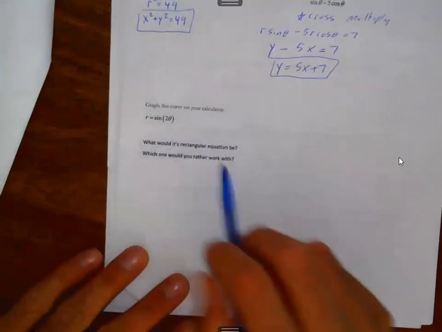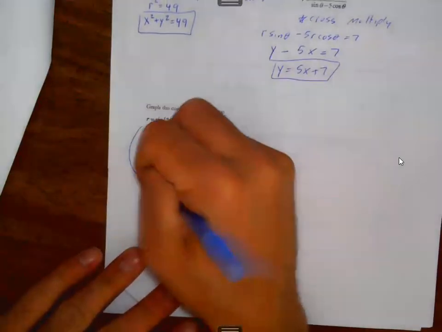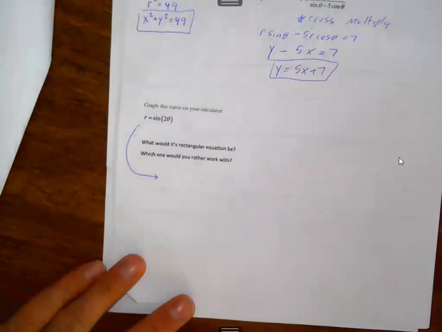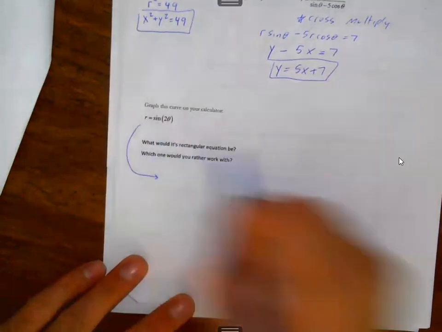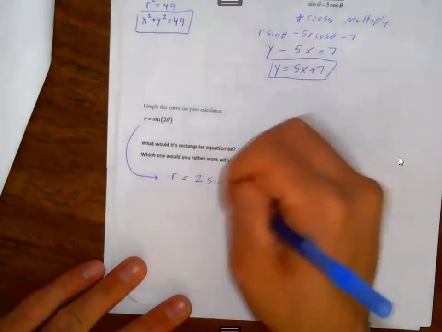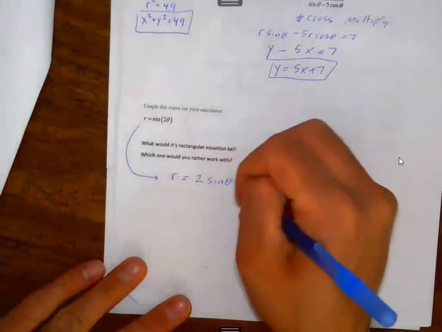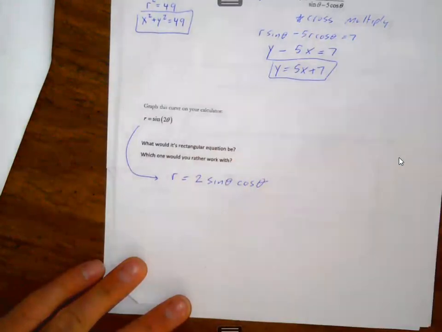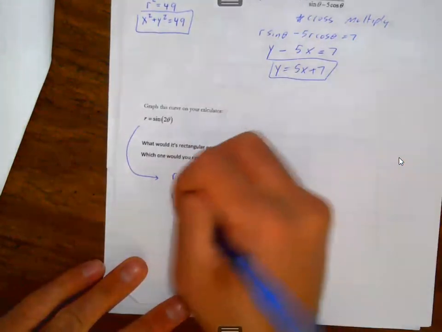So how would we convert this? Well, first, and again, I wouldn't ask you to do this. This is just to see why sometimes we're going to keep things in polar. All right, first I would use the double angle formula for sine.